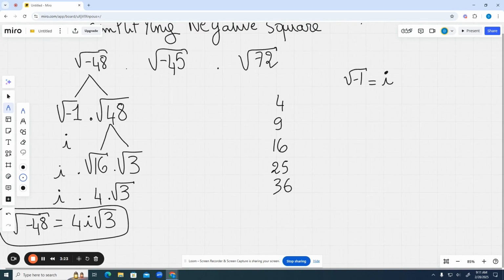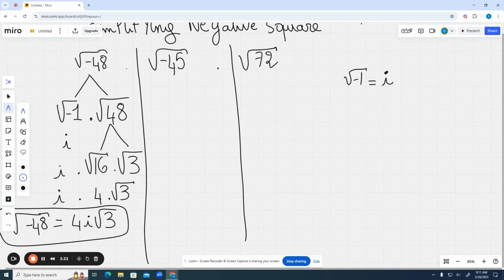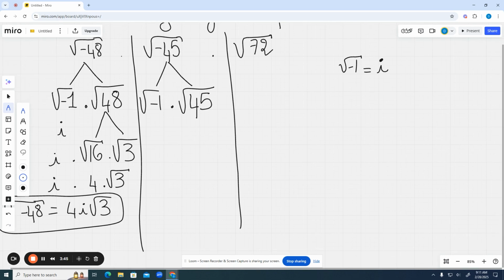Okay, let's work the second example. The square root of -45. Again, we can break this into the square root of -1 times the square root of +45. And we know that 45 is 9 times 5. The reason why I choose 9 is because I know it's a perfect square.